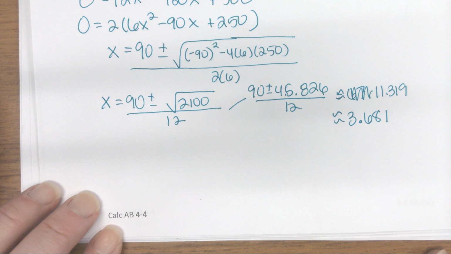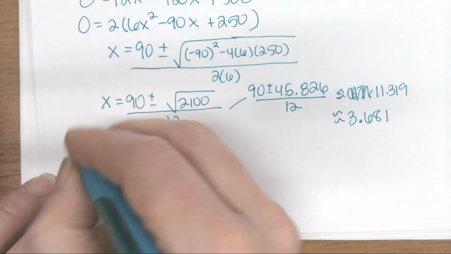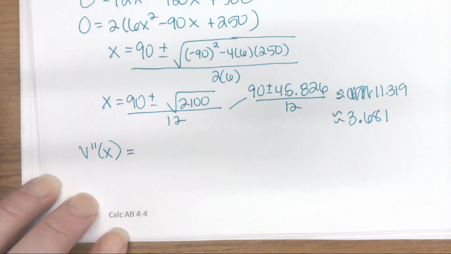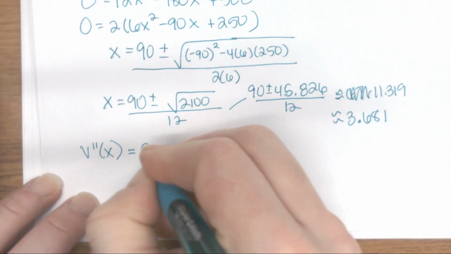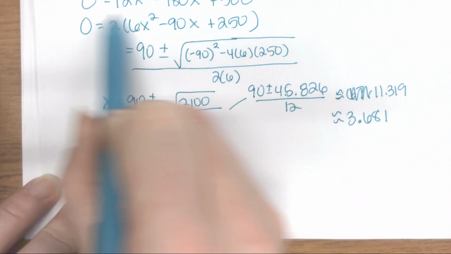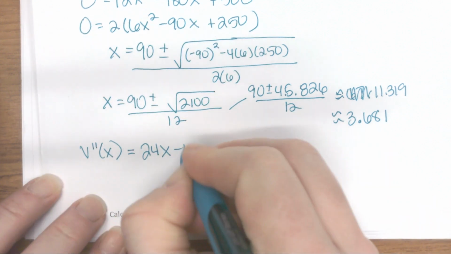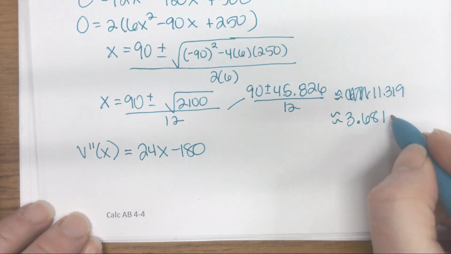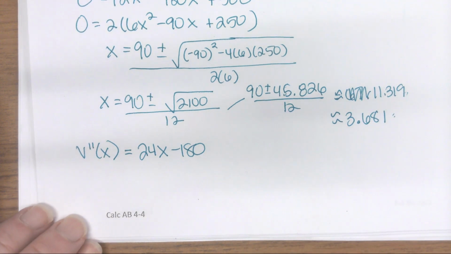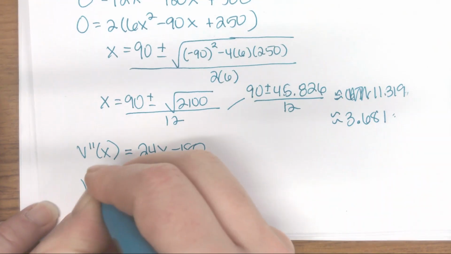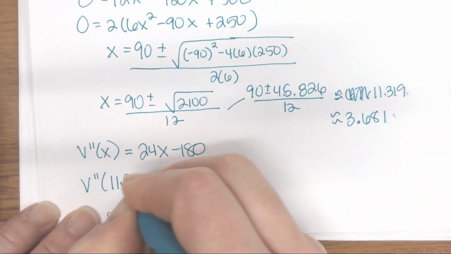So what would the second derivative be? 24x minus 180. So what we're going to do is plug these in here and check out what kind of interval it is on. I'm going to just plug 11.319 in, okay?